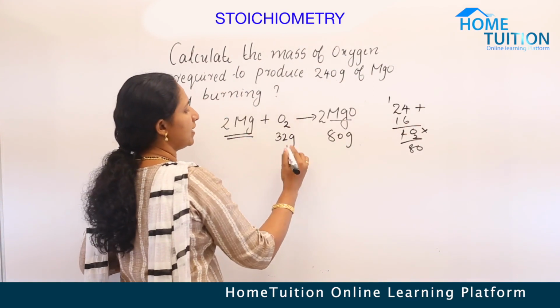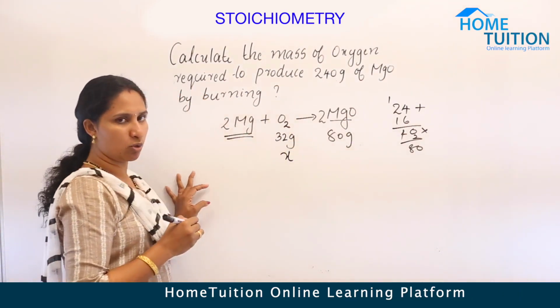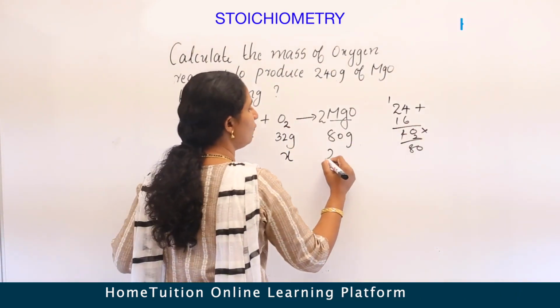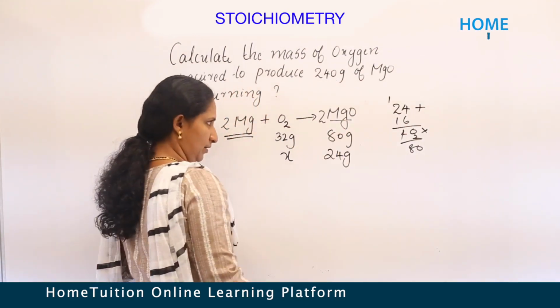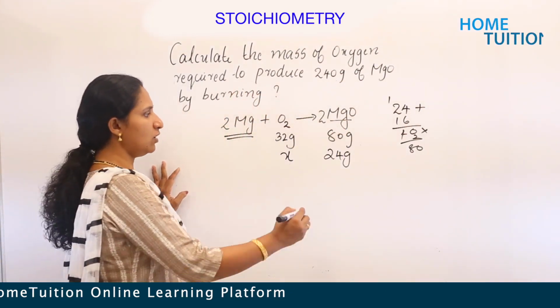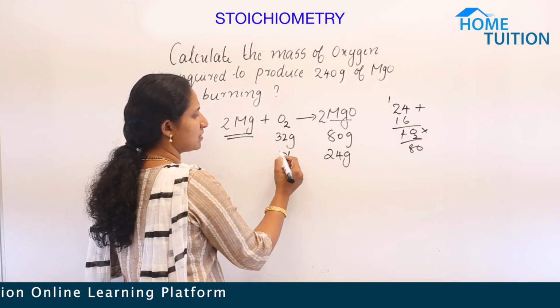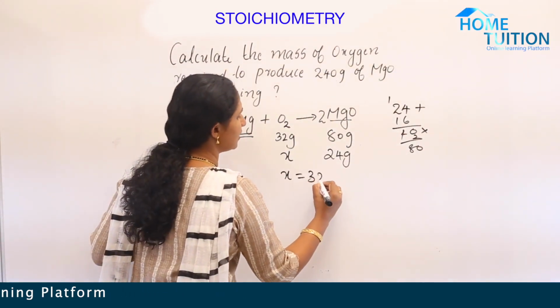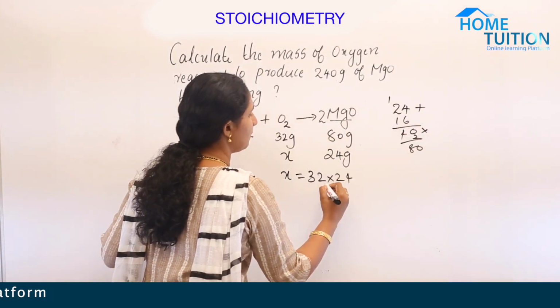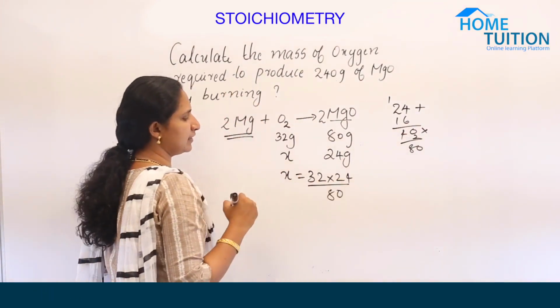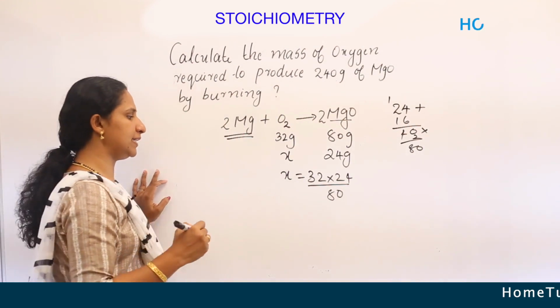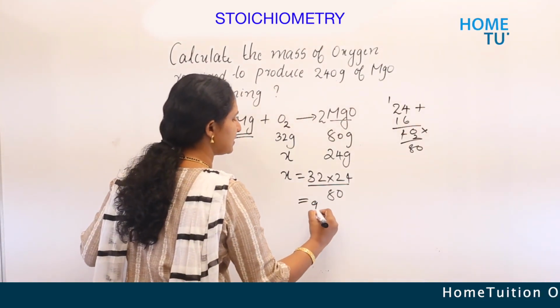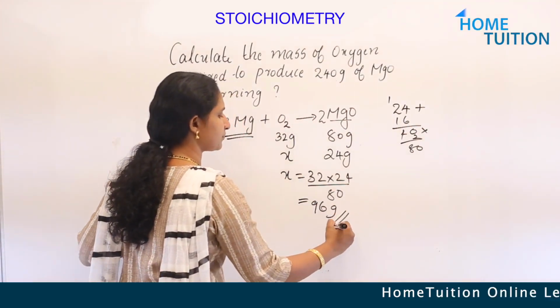So 32 gram produces 80 gram MgO. Our question: how much oxygen is required to produce 240 gram magnesium oxide? In order to find X, what we do is cross multiplication. X is equal to 32 into 240 divided by 80, and we get the answer as 96 gram.